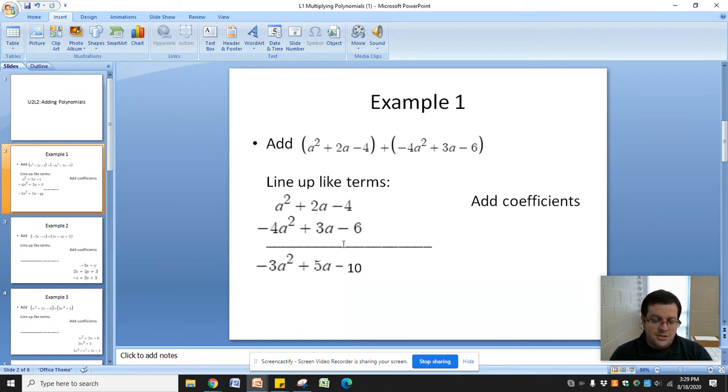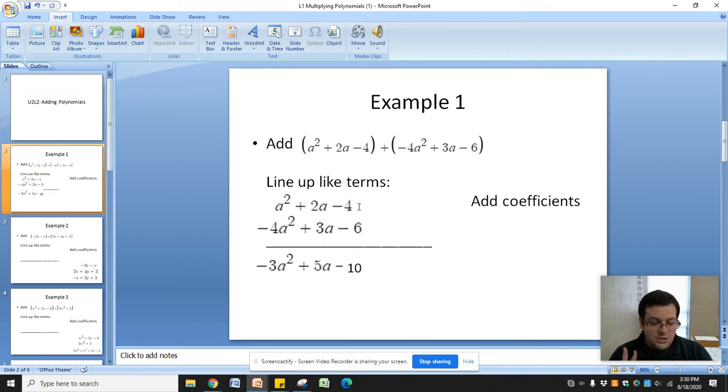A like term has to meet two restrictions. The first restriction is that a like term with another like term has to have the same variables. That means, at least in this case, the a's. For example, the a squared and the minus 4 are not like terms because they don't have the same variables.